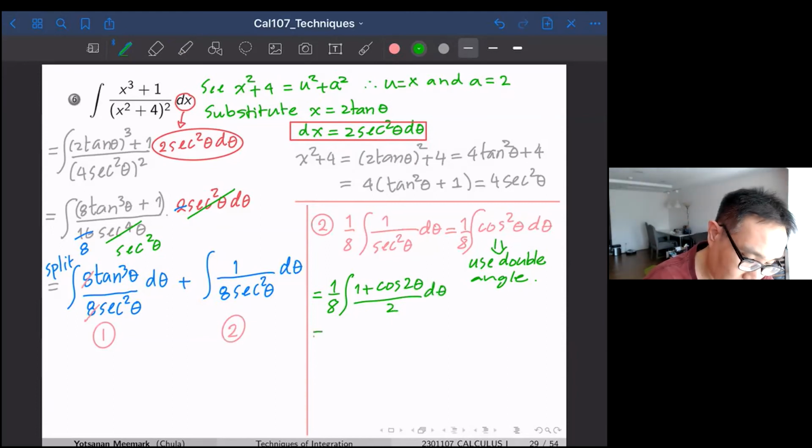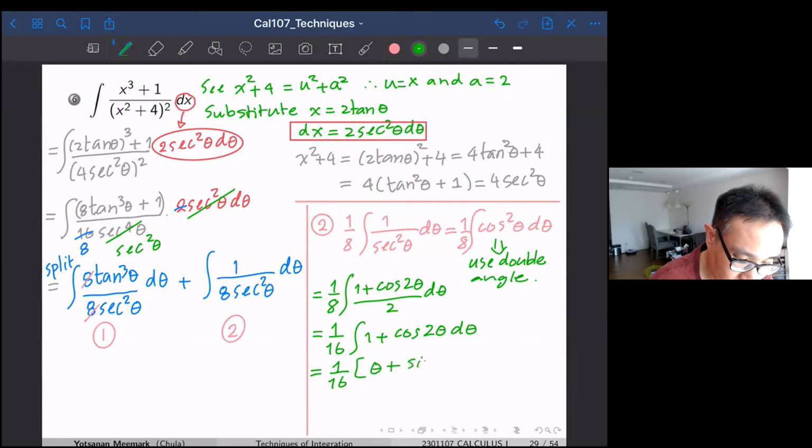So you're just going to have 1/16 integral of 1 plus cos 2 theta d theta. So you get 1/16 theta plus, integrating cos 2 theta, you get sine 2 theta over 2.